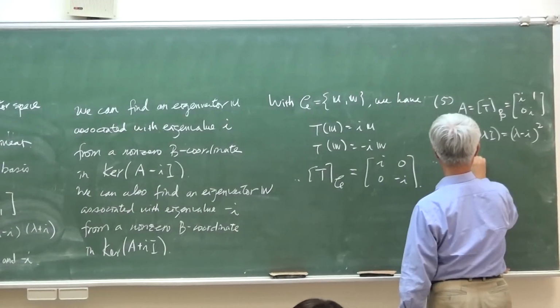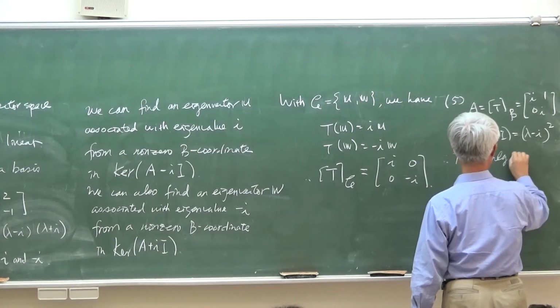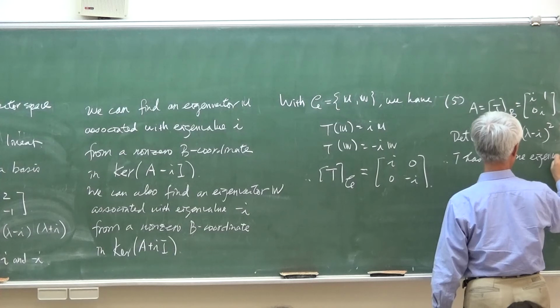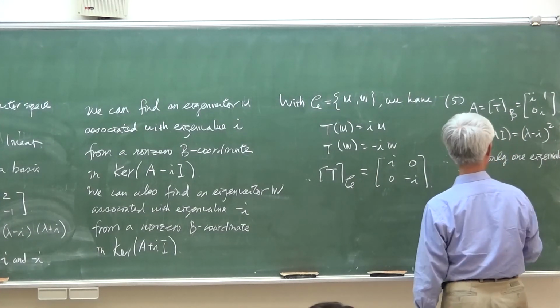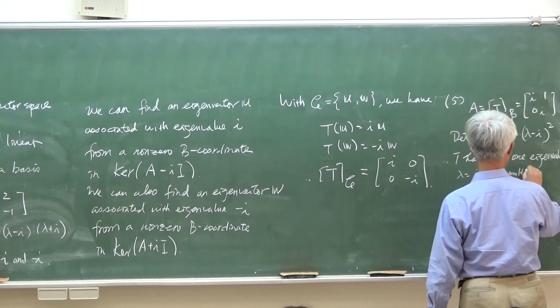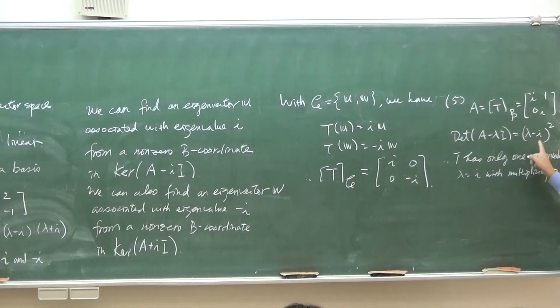We have only one eigenvalue with multiplicity 2, so we have multiplicity 2 for the root.